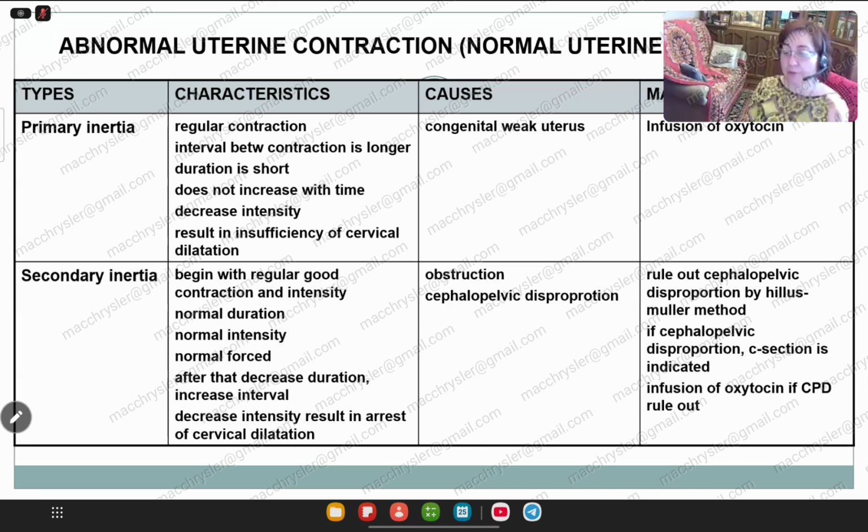There is one with vaginal examination, and another, external: Vasten and Küstner symptoms we can check. If we rule out cephalopelvic disproportion, in this case we can try oxytocin. But if CPD is present, in that case the best way is C-section. If the doctor does not rule out CPD and starts oxytocin, what can happen?